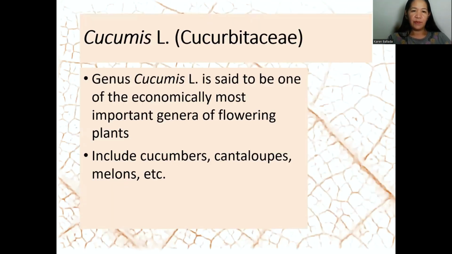And then another group is the Cucumis. This is under family Cucurbitaceae. Genus Cucumis is said to be one of the economically most important genera of the flowering plants. This includes our cucumber, cantaloupe, melons, so they're all under the Cucumis.